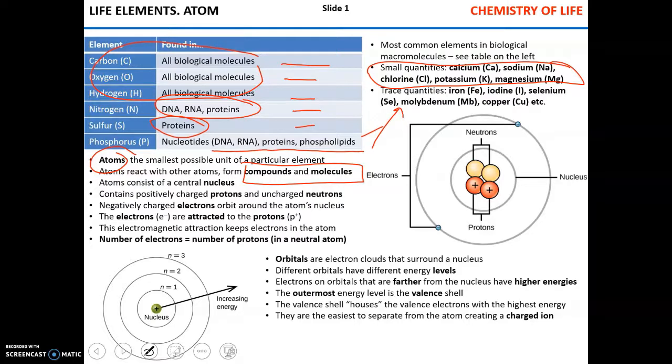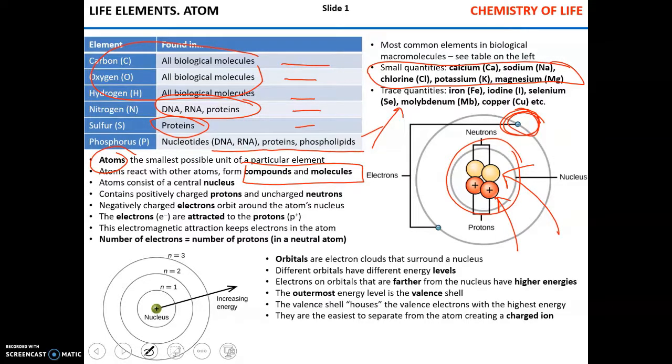An atom consists of a central nucleus and the electrons that orbit the nucleus. The nucleus consists of protons that are positively charged and neutrons that bear no charge at all. Electrons are charged negatively, and they orbit the nucleus.